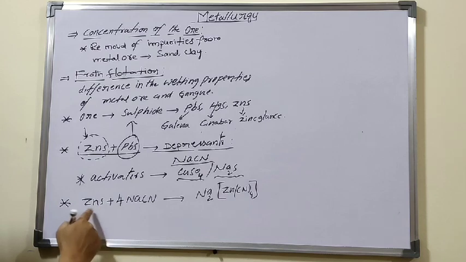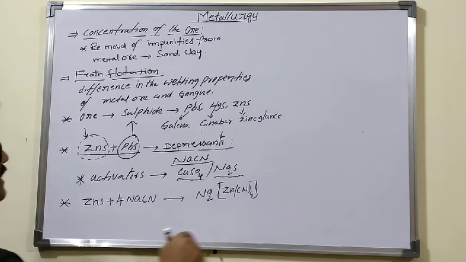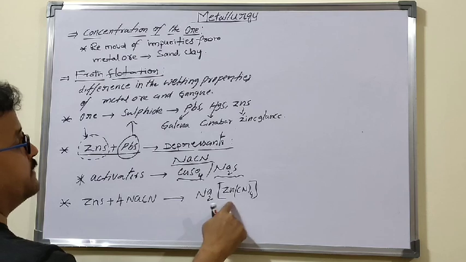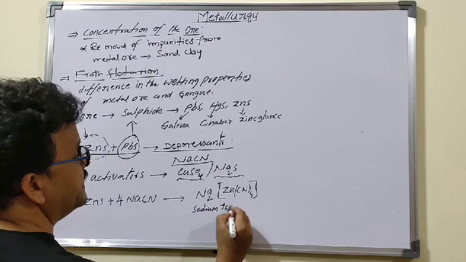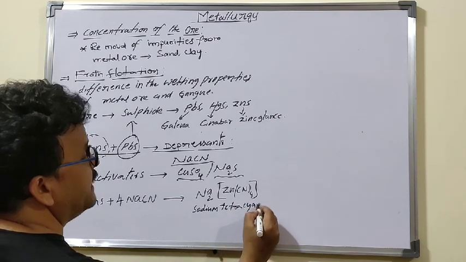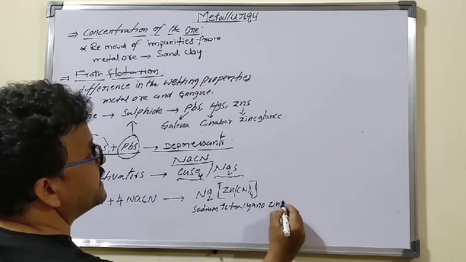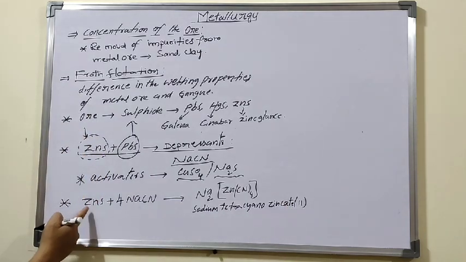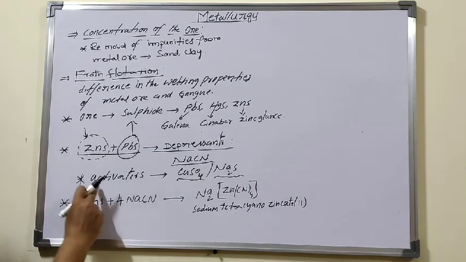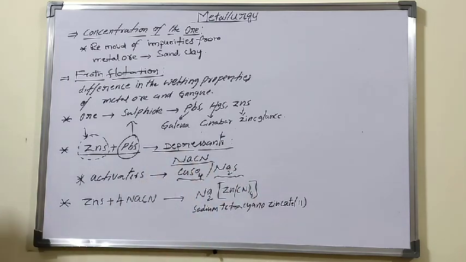So when zinc sulfide is converted into an insoluble complex like sodium tetracyanozincate, it will not move along with the froth. But lead sulfide moves along with the froth with the help of activators like copper sulfate and sodium sulfide.